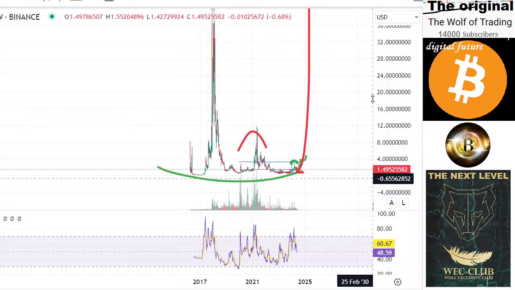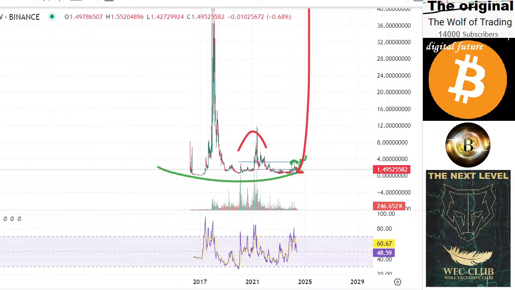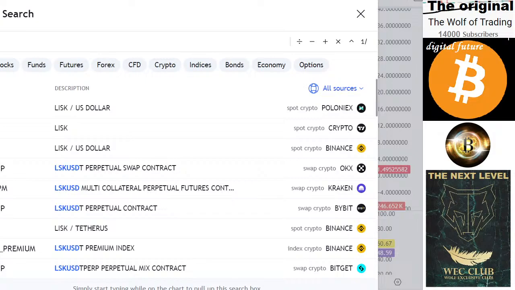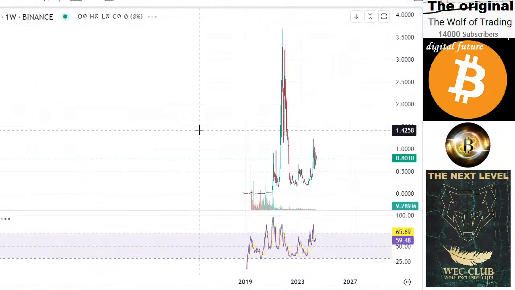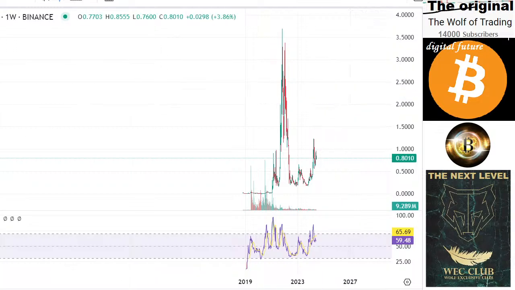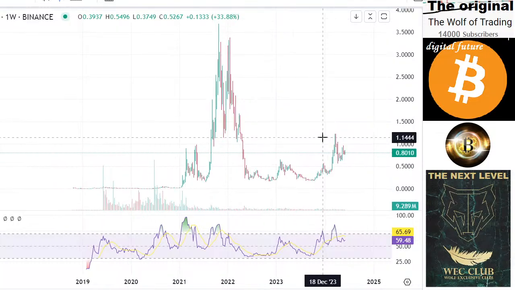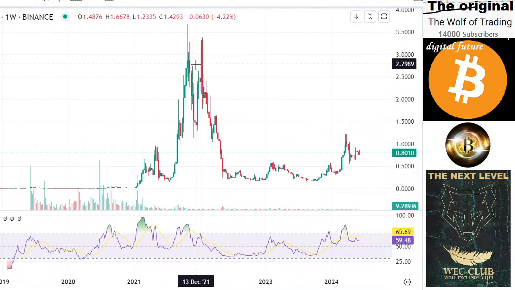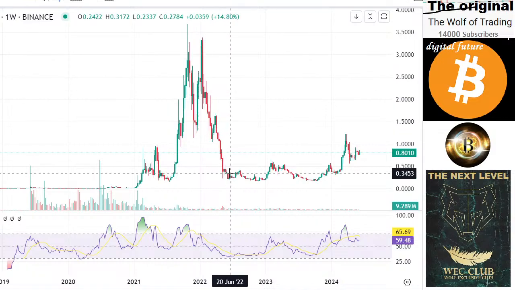Let's look at what we have here. Let's look at Fantom. Oh, wonderful. Fantom is also a candidate. You can see I predicted the price drop here very well, from $2.30 to 30 cents.